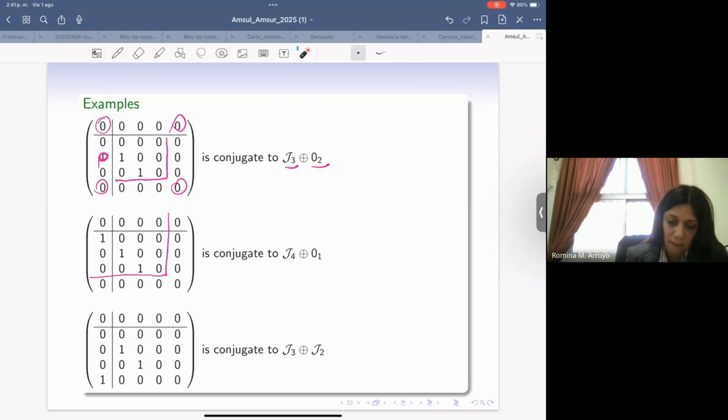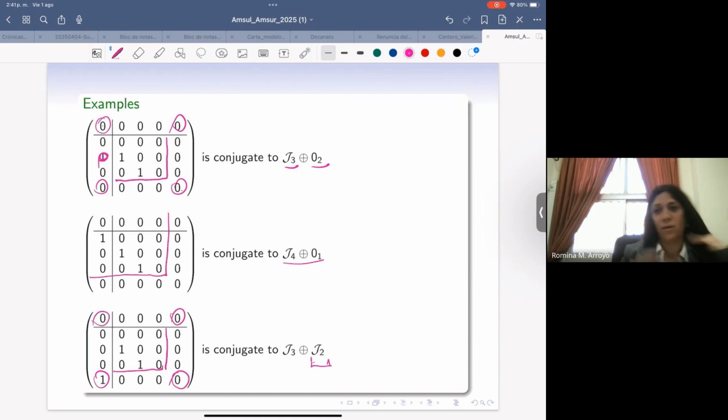So this is up to conjugation: we have J4 plus O1. And in the last case where one J2 appears, if you look at here, we have a J3, and if we consider here, we have a J2, okay?